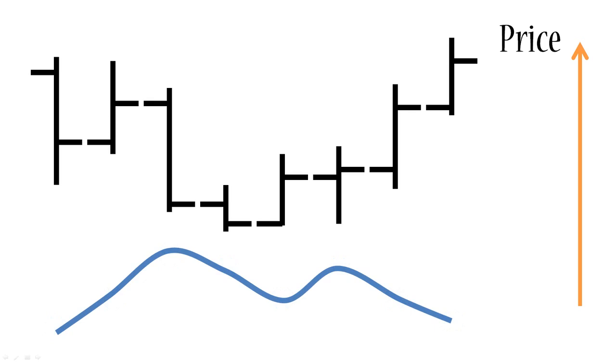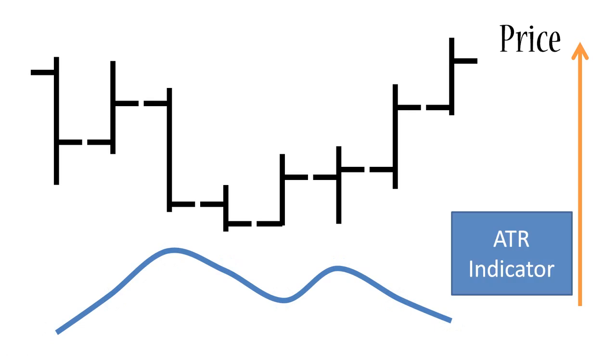So now what we've actually constructed is the average true range indicator with a period of 4. You can actually find this indicator in MetaTrader 4 and drag it onto your chart, and you'll see exactly this picture.